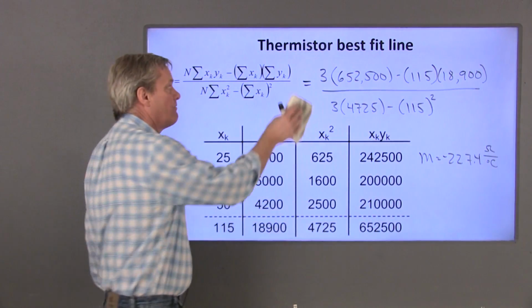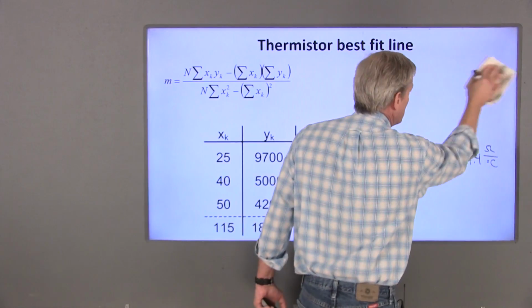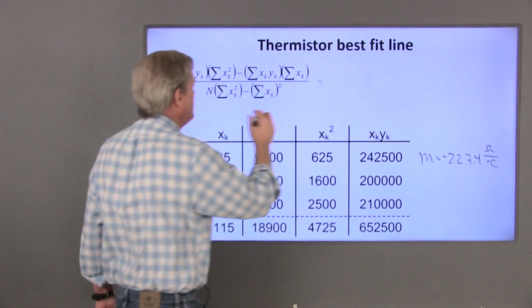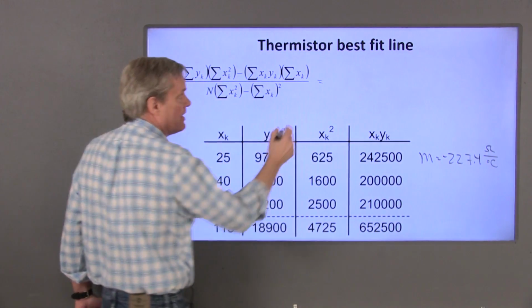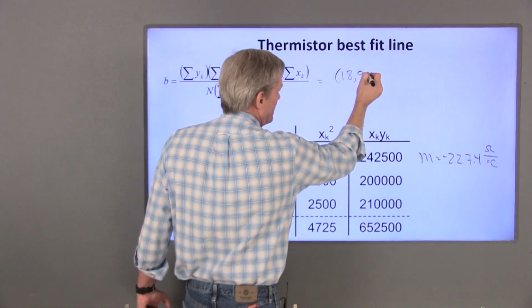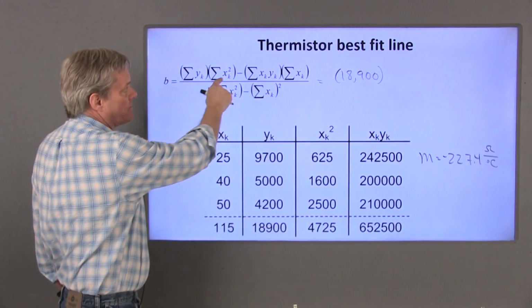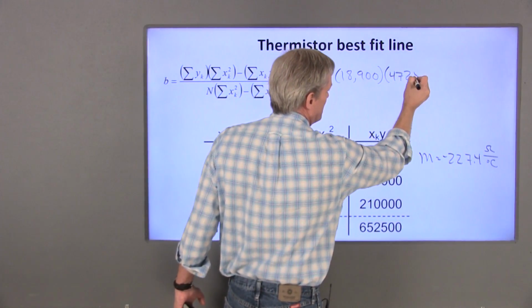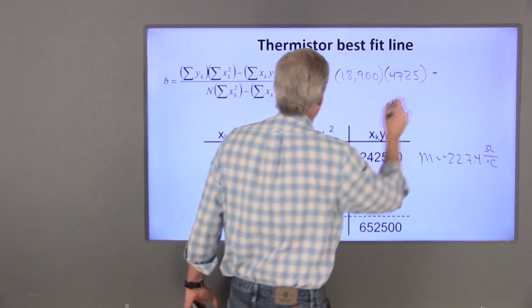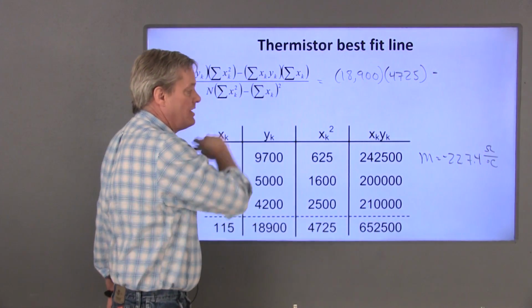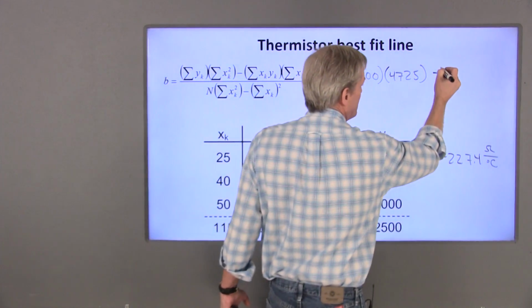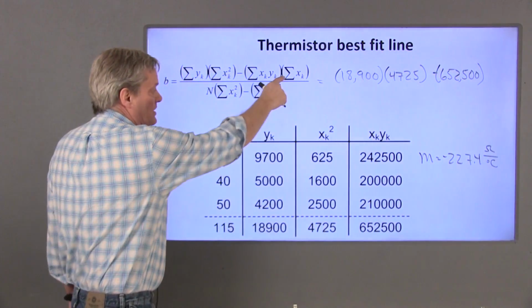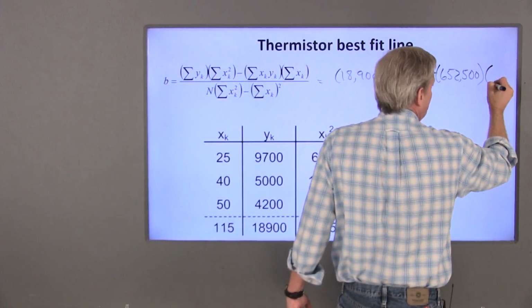Now let's do the same thing for the y-intercept. This is my equation for the y-intercept. In the numerator, I have the sum of all the y values, 18,900, times the sum of the squares of the x values, 4,725, minus the sum of the products of the x and y values, 652,500, times the sum of the x values, which is 115.